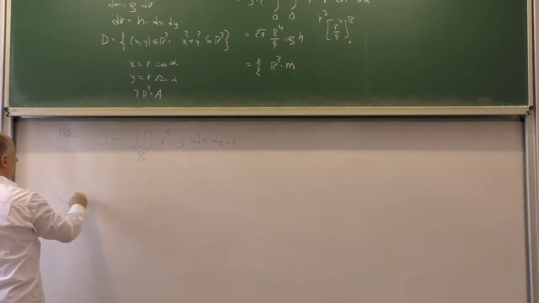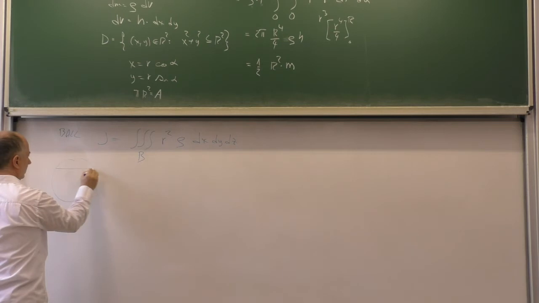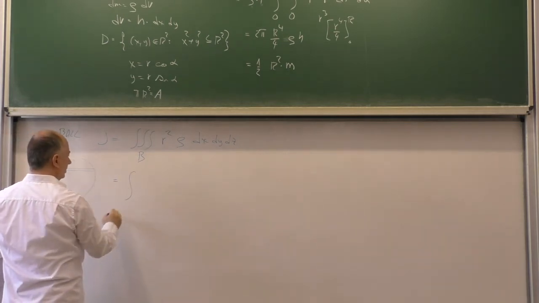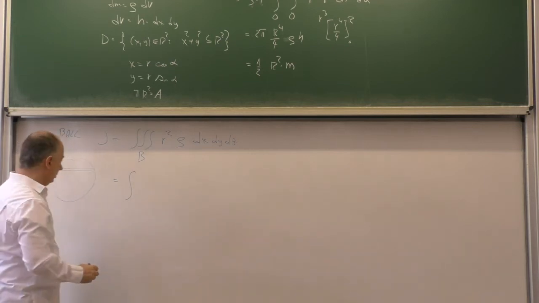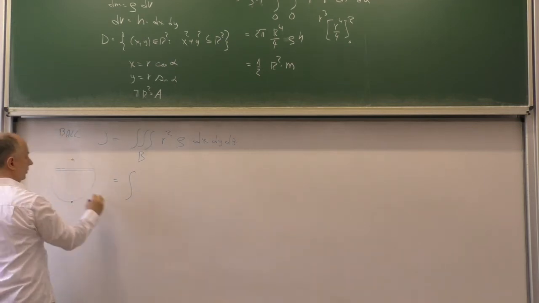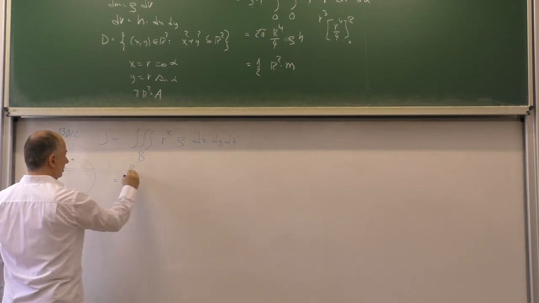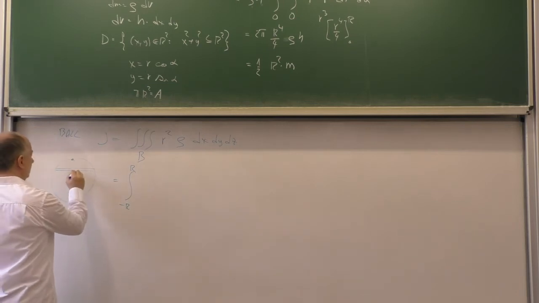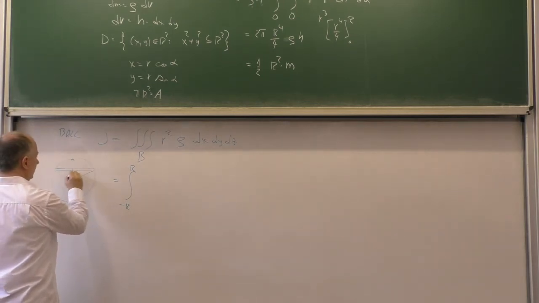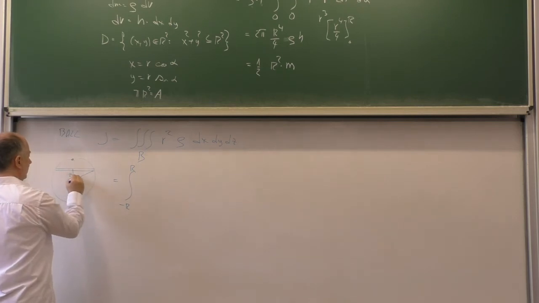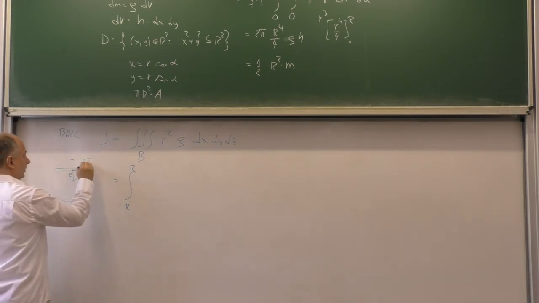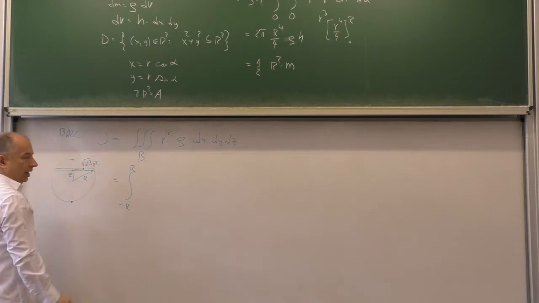But if we consider the ball cut into thin slices like that, then this can be computed as an integral over z alone, and z goes from minus R to R. This is the center, and now using this right triangle, when this is z and this is R, then the distance from the origin is the square root of R squared minus z squared.